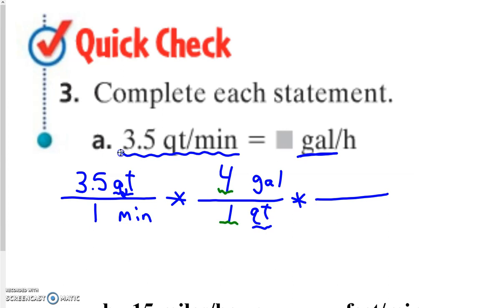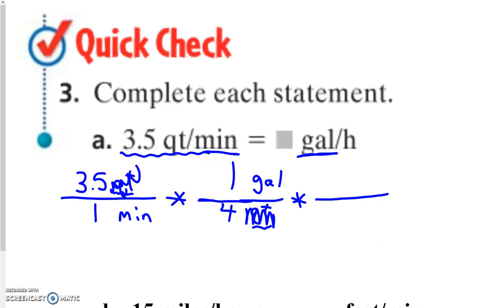I know that's not true. So again, it's important that by putting the labels on there, we are able to put the numbers in the right spot. So now it says we have 4 quarts in 1 gallon. The nice thing here is the label quarts and the label quarts, we're able to cancel.